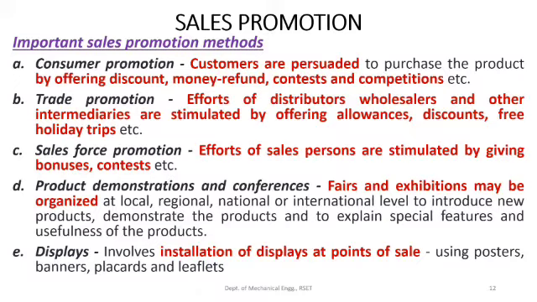So these kinds of allowances, discounts, free holiday trips are given to the intermediaries involved in the supply chain or the transfer of product from the producer to the consumer. So when these sales promotion activities are targeted at the intermediaries, those kinds of sales promotion activities are referred to as trade promotion activities.